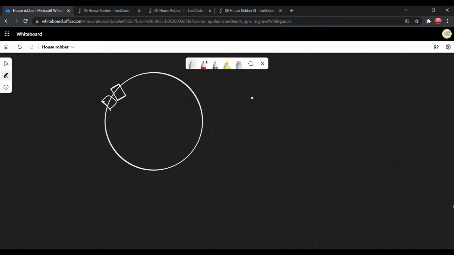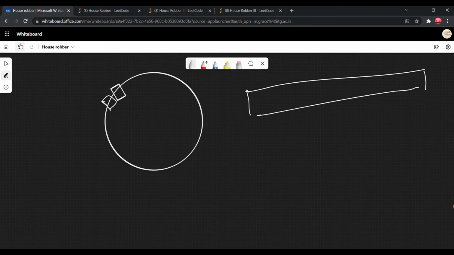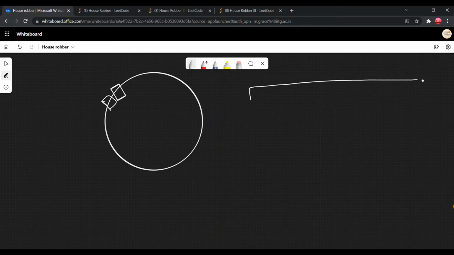So here the houses are arranged in a circle, right? So now this first one and last one, if they are giving it to you in an array. Ouch, that was really bad. Let me make another attempt. Okay, this is better. So then you can't loot the first and the last house simultaneously.